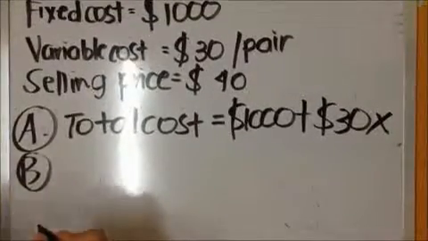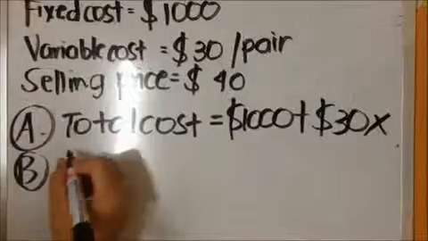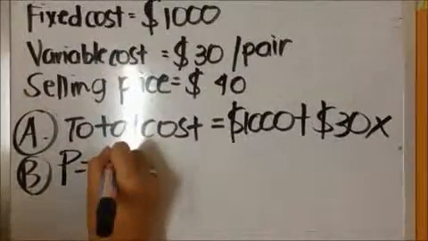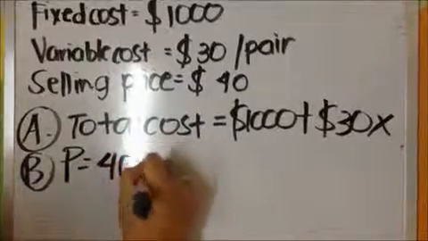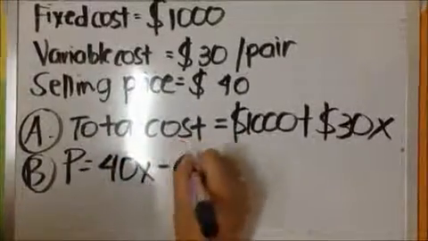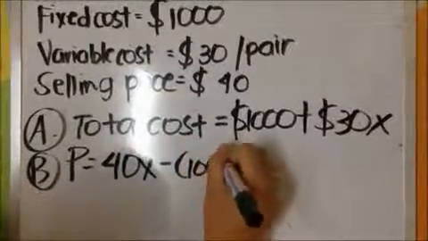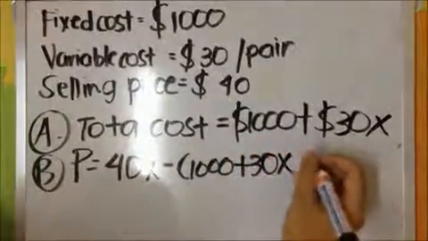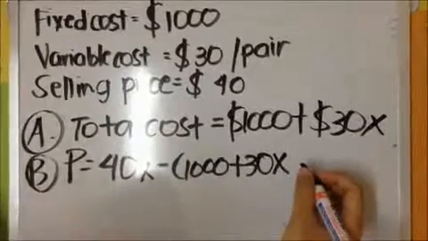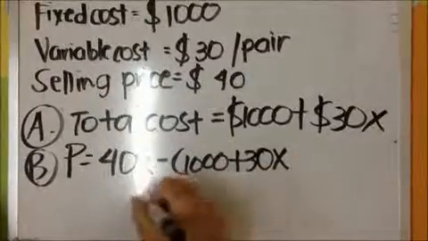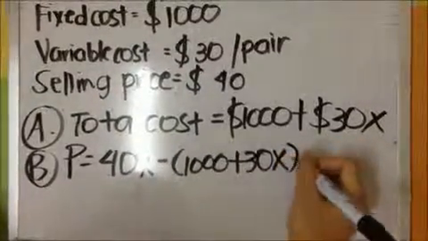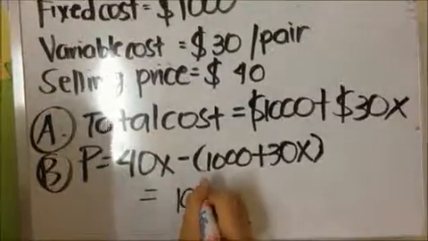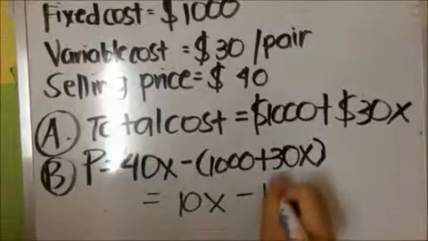So it would be P is equal to $40X, the selling price, minus the total cost. It would be equal to 10X minus 1,000.